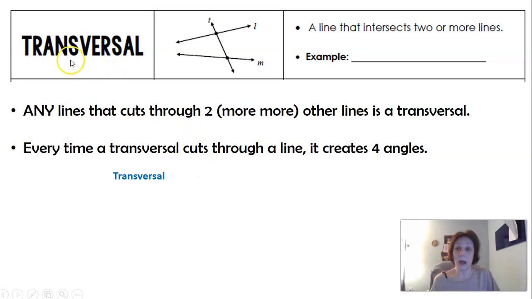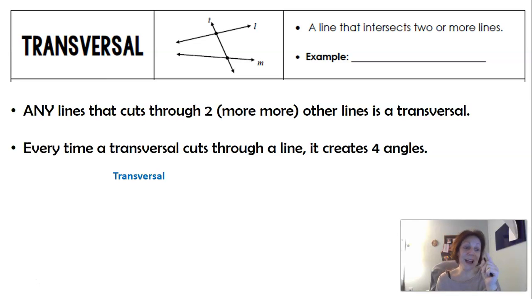Okay, the word of the day that I need to introduce you to is this word right here. The word is transversal. And a transversal is very simply a line that just happens to intersect or cut through at least two other lines. Okay?